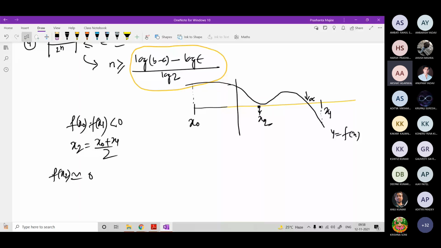It will be close to zero, some positive or some negative value. It does not matter what you are saying, it will always be like that most of the time, but it will be very close to zero.